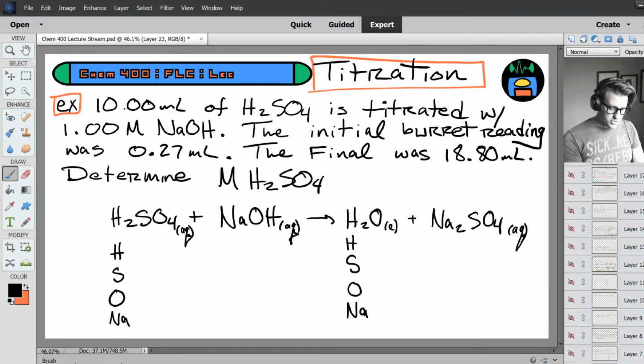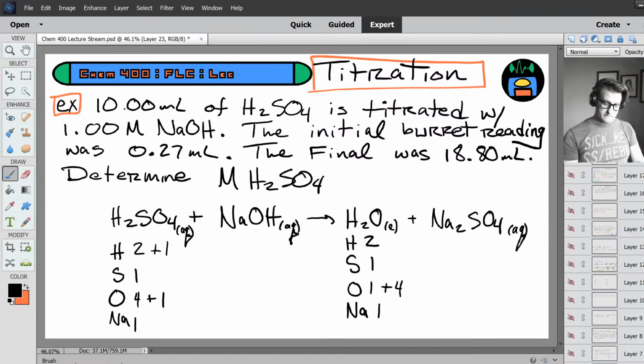Hydrogen, we've got 2 plus 1 on our reactant side, 1 sulfur, 4 oxygens in sulfuric acid plus the 1 from sodium hydroxide, and 1 sodium. On the product side, 2 hydrogen, 1 sulfur, 1 oxygen from water, 4 from sulfate, and 1 sodium. Well, I don't have 1 sodium, I have 2, right? 2 from sodium sulfate.